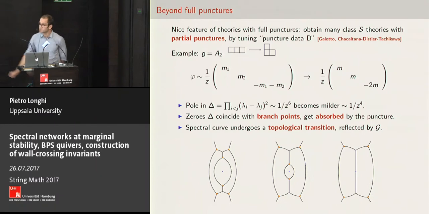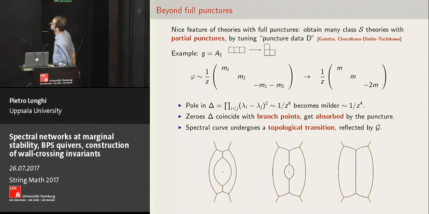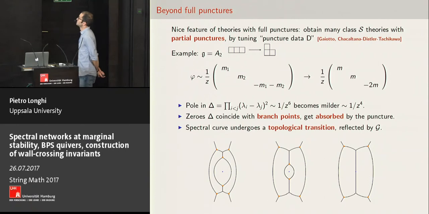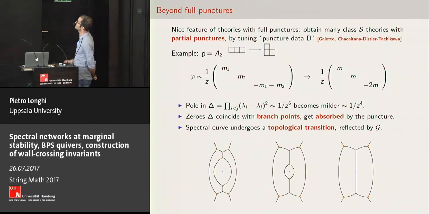But we can do slightly better, and we can go beyond full punctures because, as it turns out, full punctures are the most general kind of punctures, in a sense. So one can obtain other types of punctures by just specializing the data, which is the residue of the Higgs field at the puncture.